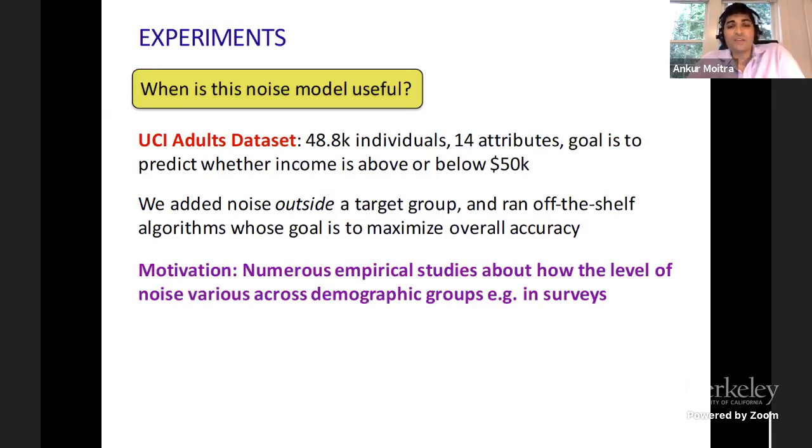One reason why you could think about this noise rate being different across different demographic groups is that there are tons of empirical studies showing that this indeed is the case. When you send out surveys in the social sciences, it's well known that how accurate the answers you get are varies across different demographic groups. It could have to do with what types of language they're fluent in.